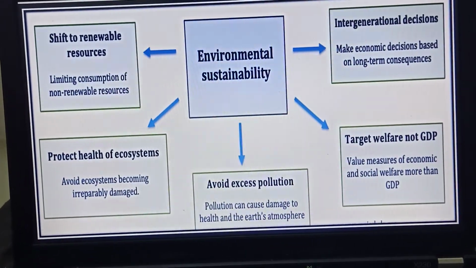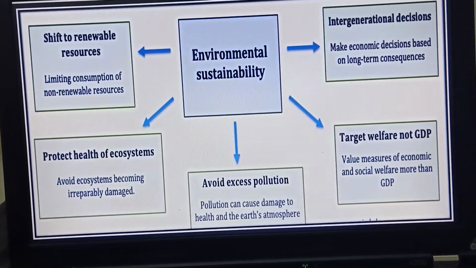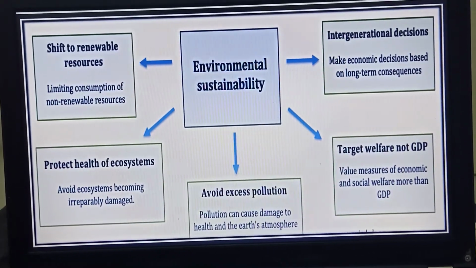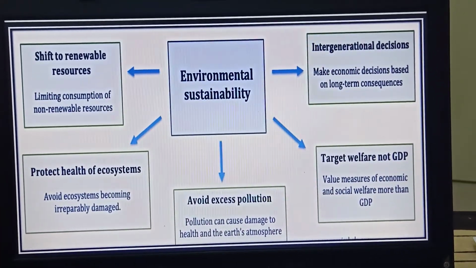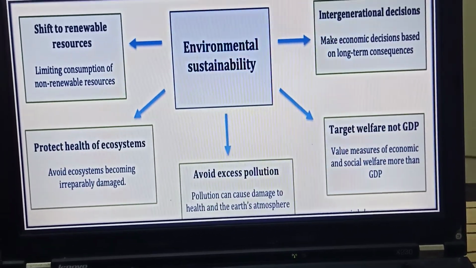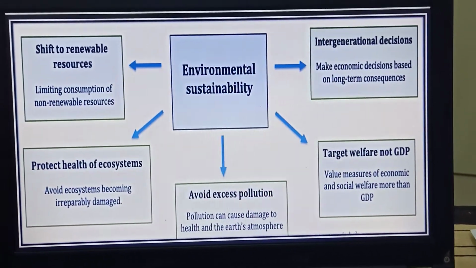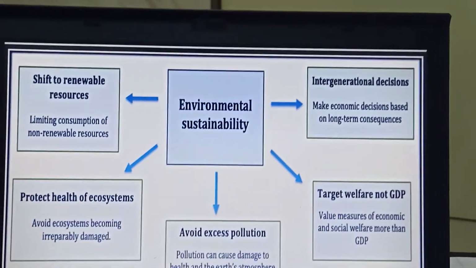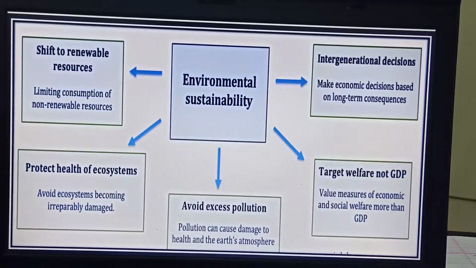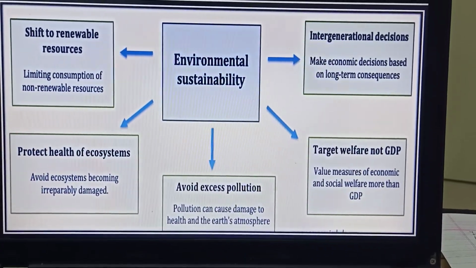The next is targeting welfare, not the gross domestic product. More value should be given to social welfare or social happiness rather than the domestic product that the country actually gains. The next is intergenerational decisions.